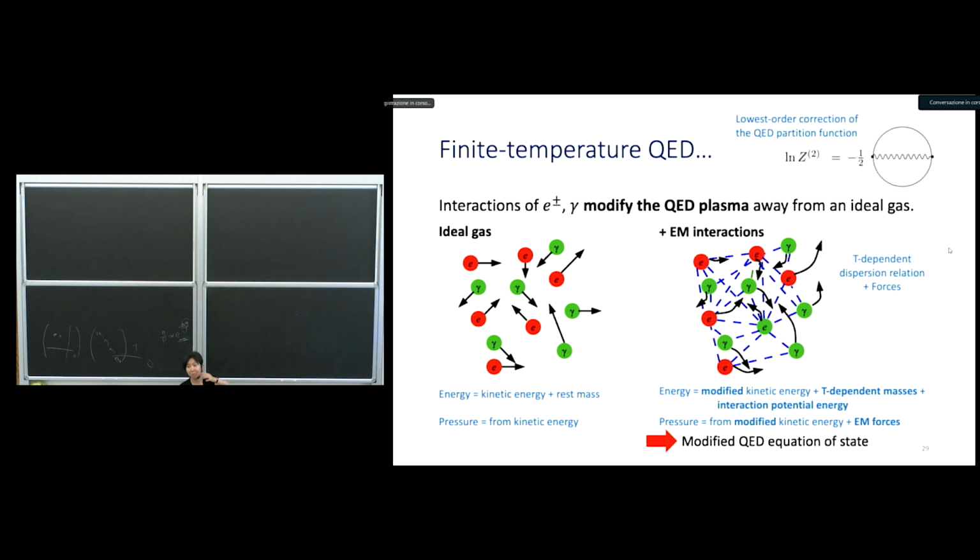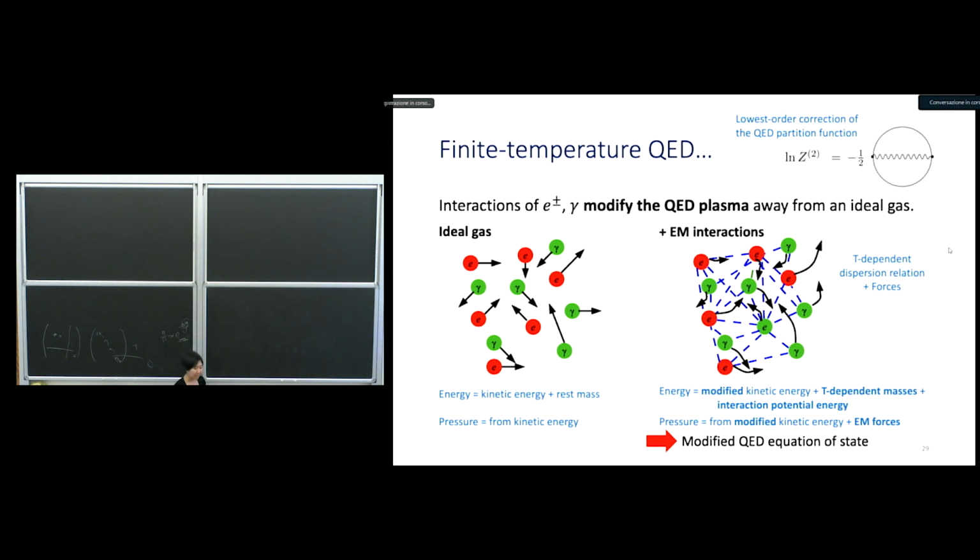So you have this kind of refractive index effect of the photons on the electrons, and you also have a similar effect of the electrons providing refraction for the photons. So in the end, what you have when you consider these interactions is these temperature-dependent dispersion relations for both the electrons and the photons.